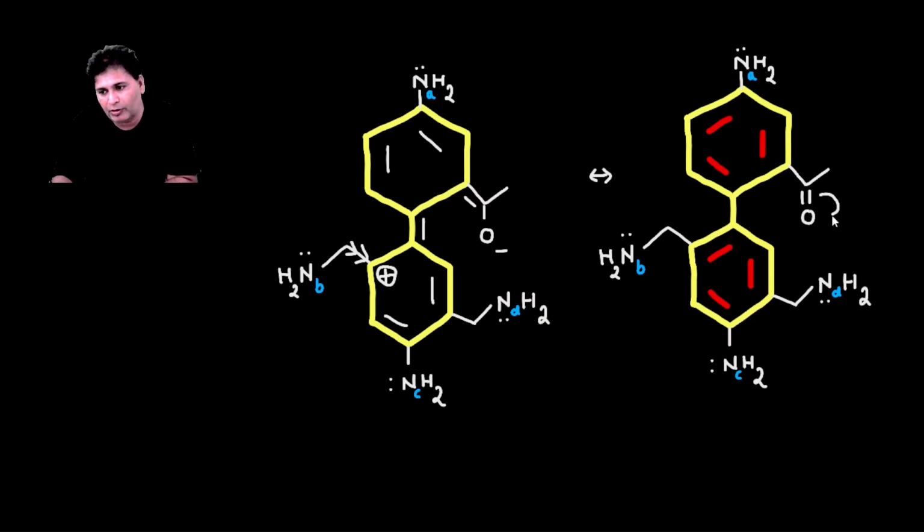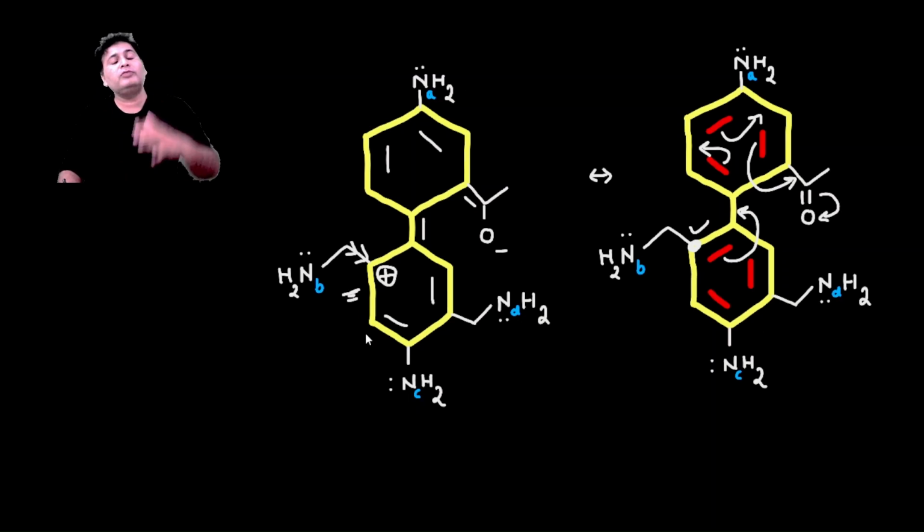You shift the pi bond on this oxygen. This pi is going to shift here, this is going to go there in an alternate fashion, this is going to shift there, and this is going to shift to this position. And once it does this, this carbon loses electron and a plus charge comes here, as you can see.